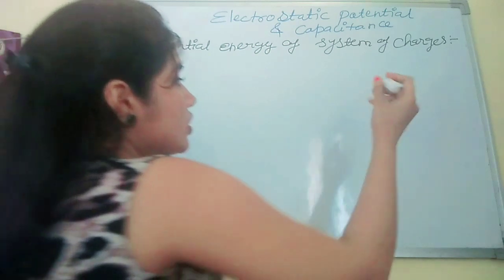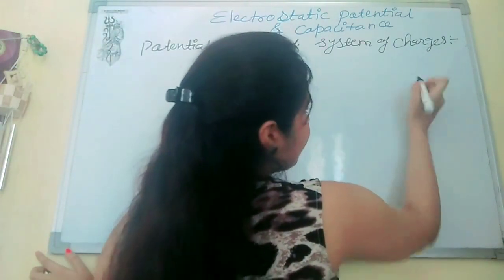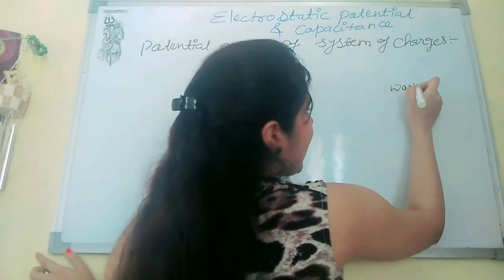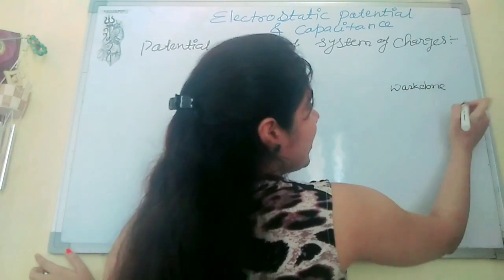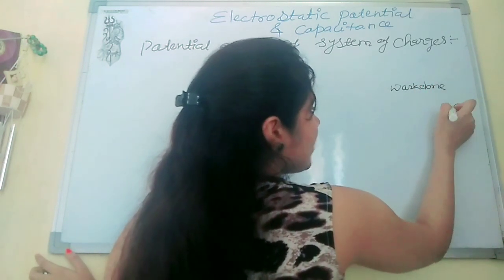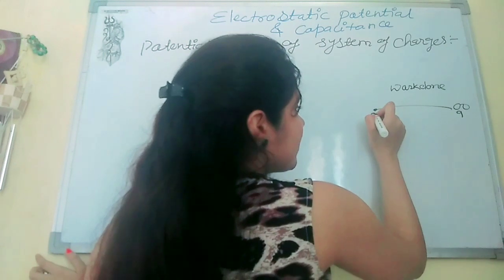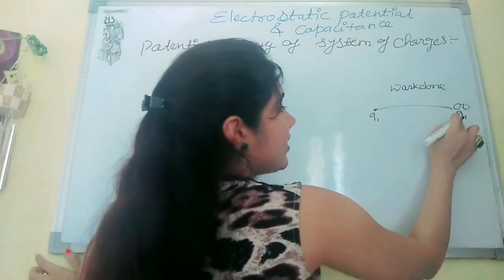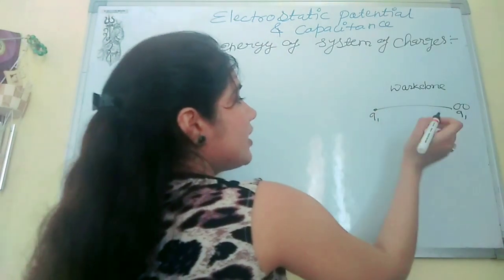That is always stored in the form of work done which we apply to bring any charge from infinity to a certain point. Suppose we are bringing this charge from infinity to this certain point.